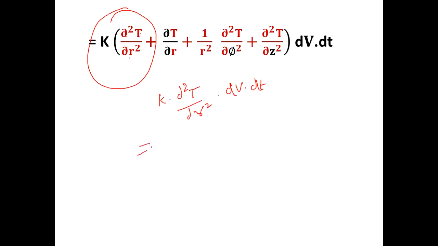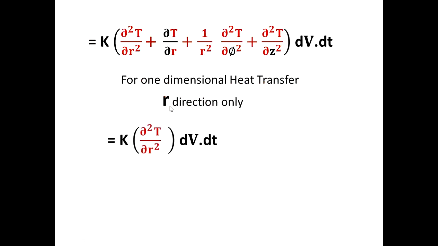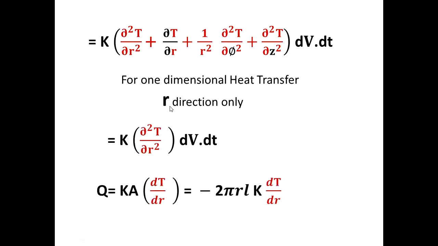Then it turns into K d square T by dr square dV dt. Why is it dt and not del t? Because you are reducing the 3D equation to 1D, with temperature varying only in the r direction. Therefore, observe here 2 pi r l k.